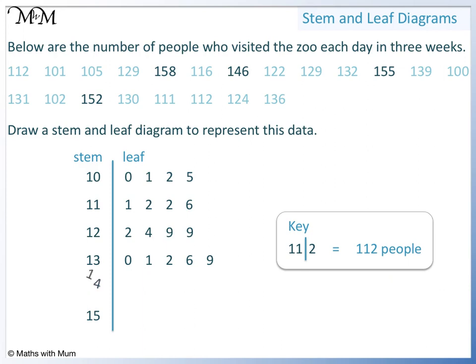Now the 14s. We only have 1, which is 6. Finally, the 15s. 2, 5, and 8. All the data is now represented in the stem and leaf diagram.